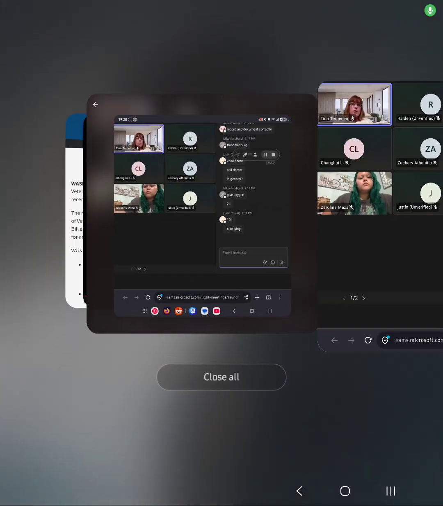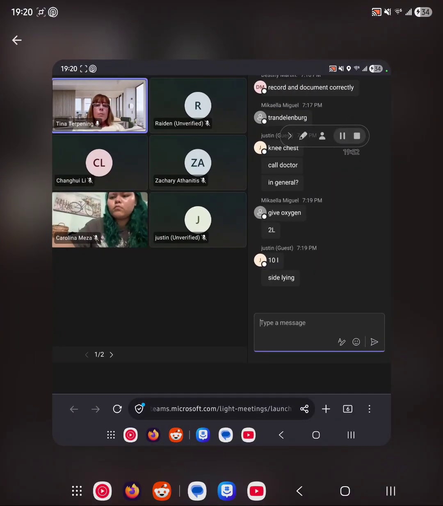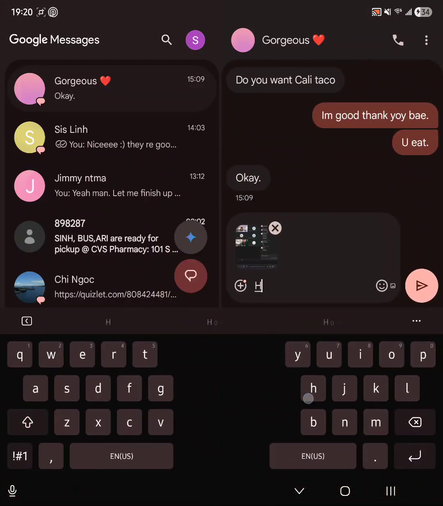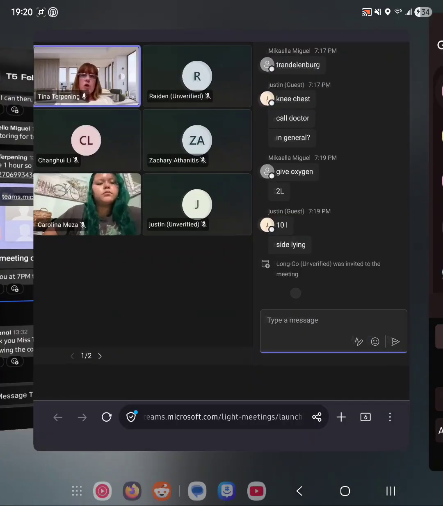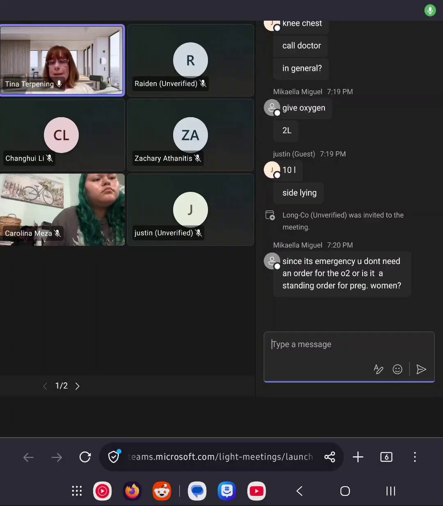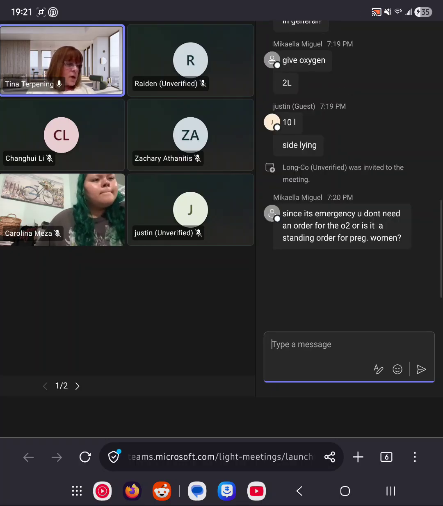And again, know to turn her to the left side and give O2, and what to do. Yes, O2 at 8 to 10 liters is a standing order for women in labor, because if we don't get oxygen on board, we could have a dead baby. So yeah, that's a definite that we have to do. Okay.